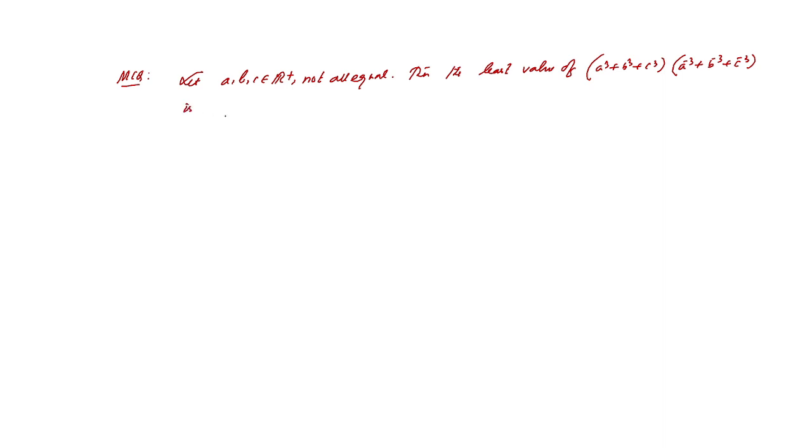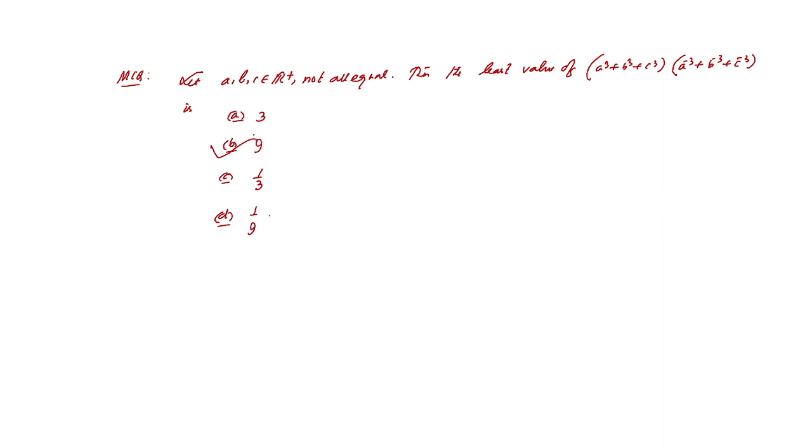Let A, B, C be positive real numbers, not all equal, then the least value of the expression A cube plus B cube plus C cube multiplied by A to the power minus 3, B to the power minus 3, C to the power minus 3 is: option A is 3, option B is 9, option C is 1/3 and option D is 1 by 9.